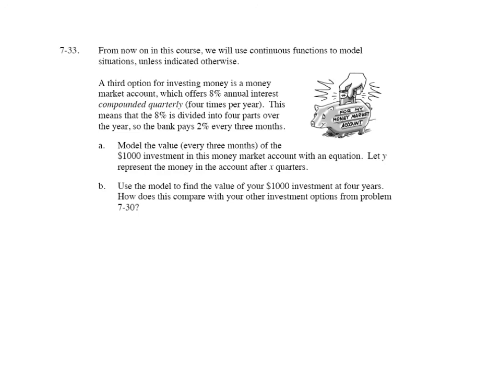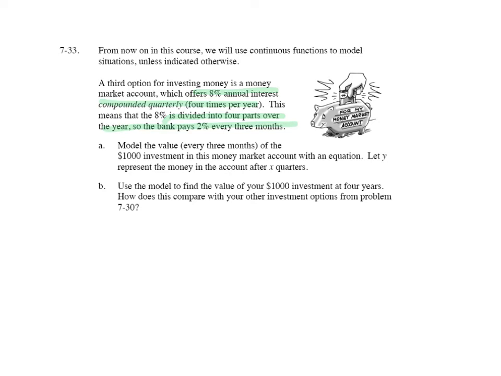For our last problem, we're going to look at a third option for investing money in a money market account, which offers 8% annual interest, but this is compounded quarterly, 4 times a year. So that means that this 8% interest has to be divided into 4 parts. And so you're actually earning 2% interest 4 separate times a year.